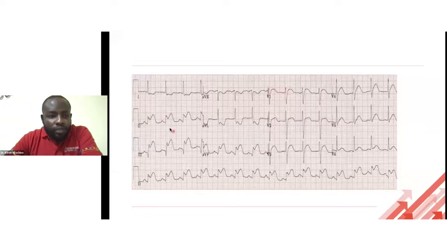So when you're thinking of inferior myocardial infarction, please take note of the kind of changes that you're seeing in your leads. ST elevation in lead 3 greater than in lead 2, and you already have an ST elevation in V1, should point you to right ventricular involvement. And this type of lesion is a fluid-dependent lesion.